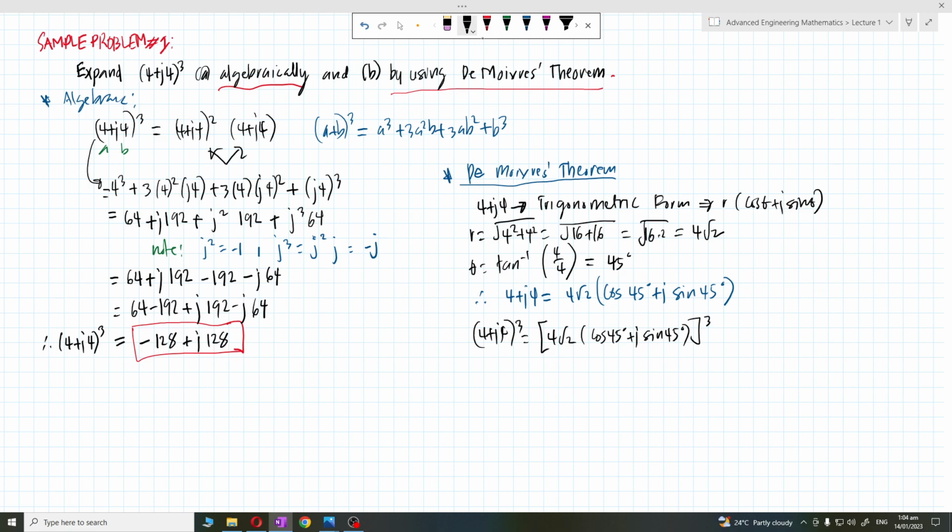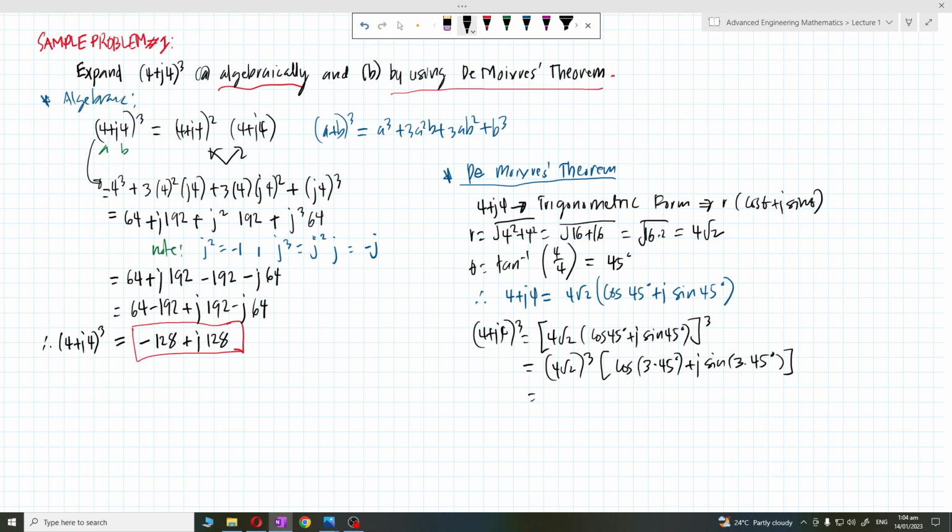By applying De Moivre's theorem, just raise the r to 3, so 4 square root of 2 raised to 3. And for the angle, just multiply the angle by the exponent 3. So that is cosine of 3 times 45 degrees plus j sine of 3 times 45 degrees. 4 cubed is 64, and square root of 2 raised to 3 is 2 square root of 2.